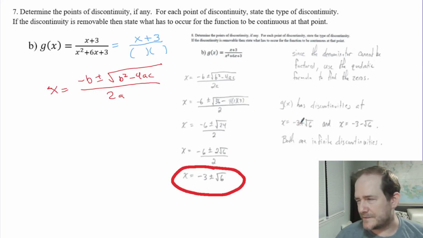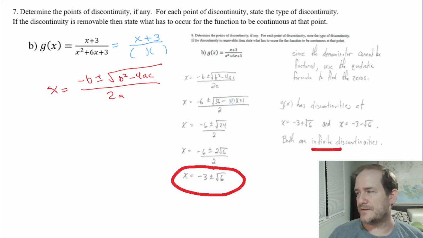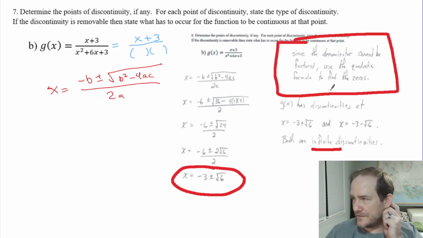But negative 3 plus root 6, that's some number, and you know there's a vertical asymptote there, so it's an infinite discontinuity. And then negative 3 minus root 6, that's some other number, and you know there's another vertical asymptote there, so they're both infinite discontinuities. And I'm explaining up here how, since the denominator can't be factored, you'd have to use the quadratic formula to find the zeros. That's it.